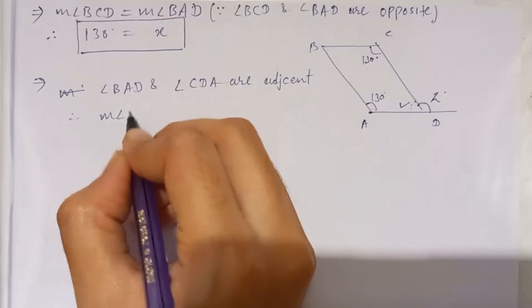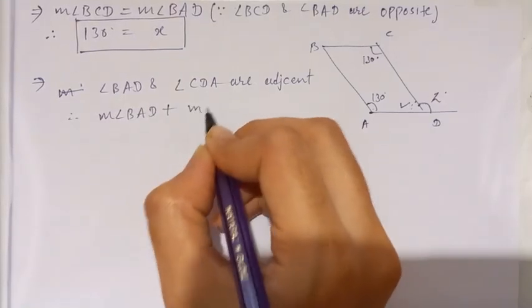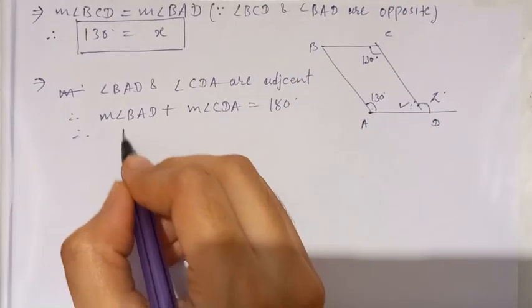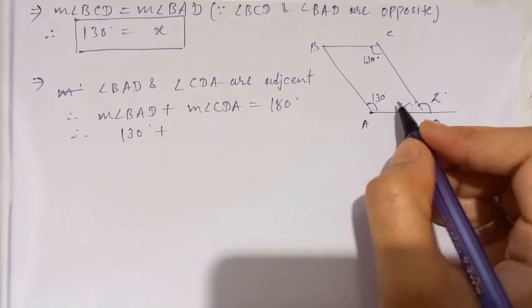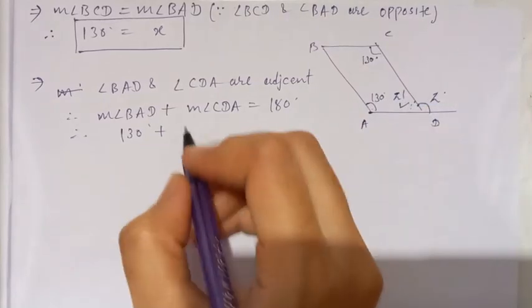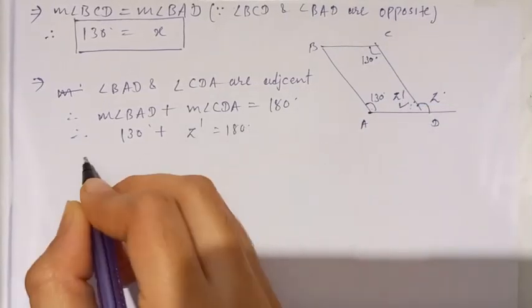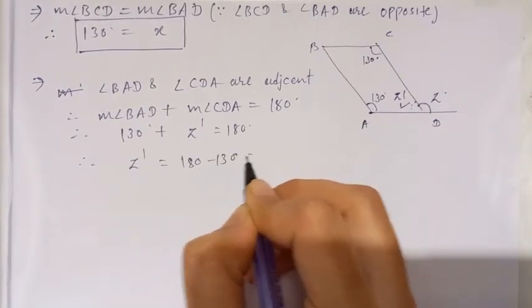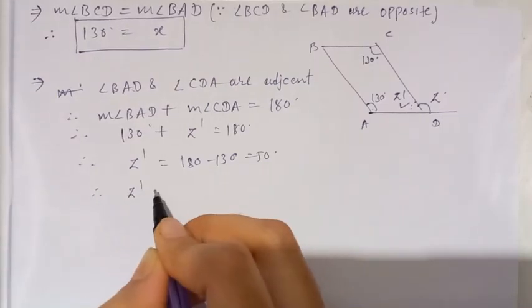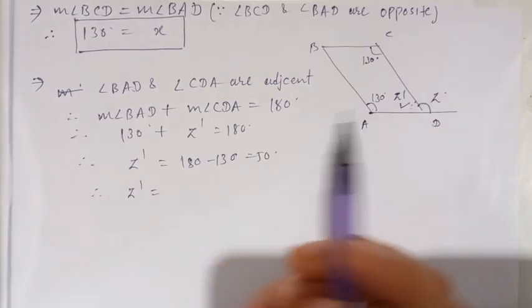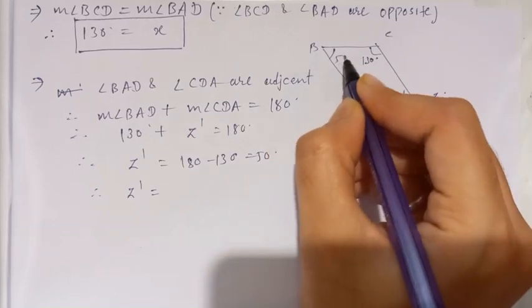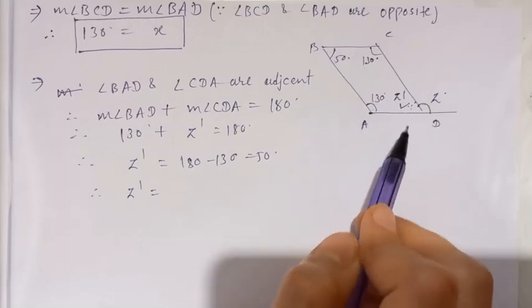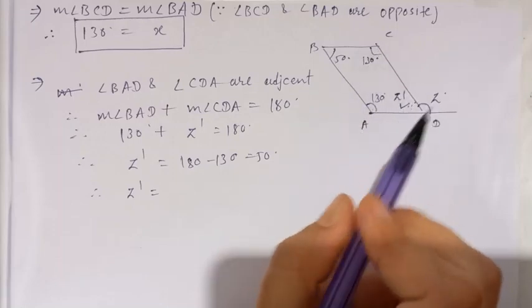So measure of BAD plus measure of CDA is equal to 180 degree. Measure of BAD is given as 130 degree. Let's assume CDA as Z dash. Z dash plus 130 is 180 degree, so Z dash is 180 minus 130, which is 50 degree. We can also use the property of opposite angles because 50 degree is given, and these two are opposite. So we can directly write that CDA, Z dash, is equal to 50 degree.